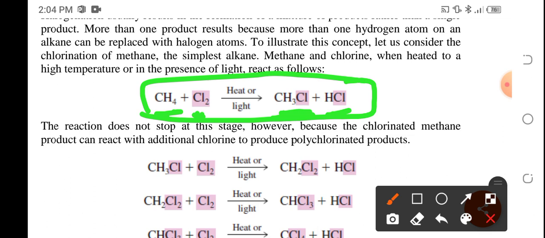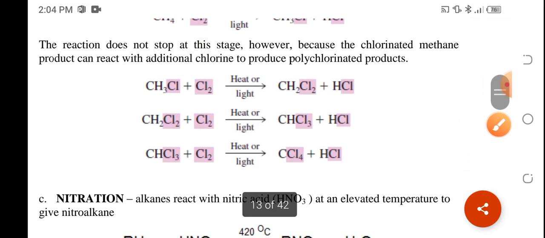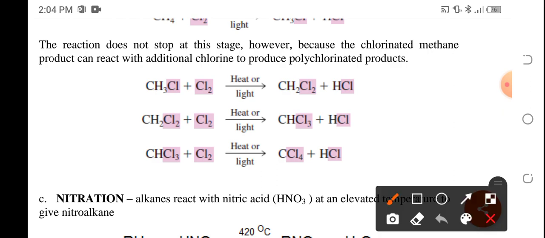Now, very progressive ang mga halogenation reactions such that hindi sila mag-stop on the first stage only. Rather, nagpro-progress sila to continue producing chlorinated alkane until such time na hindi na makapag-react yung alkane kasi wala nang hydrogen na isa-substitute.